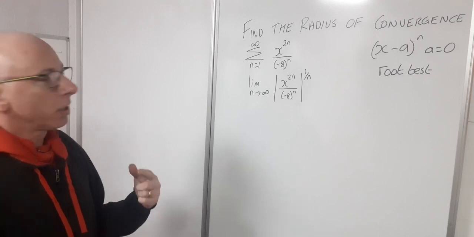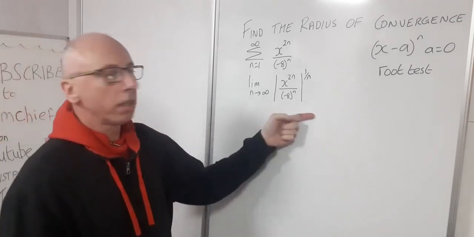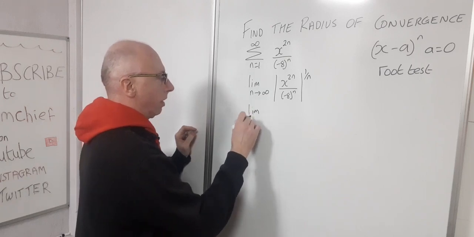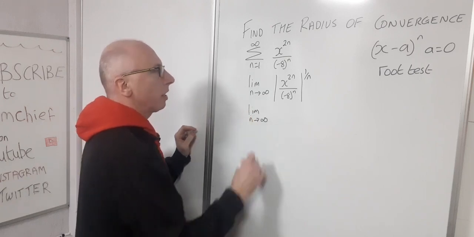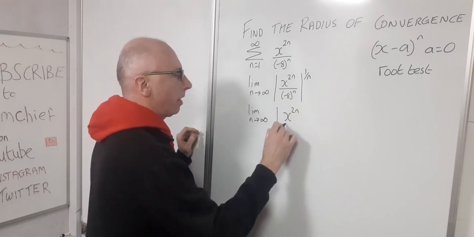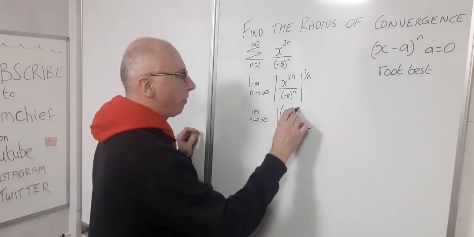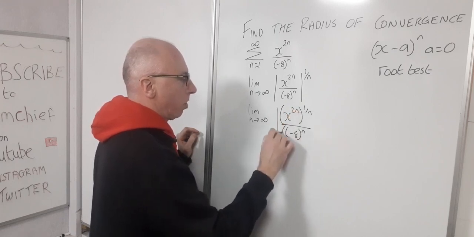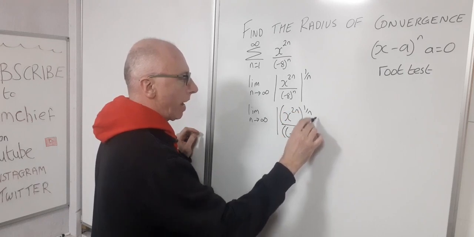Okay, so now we need to do the algebra on this. So now we've got the limit as n approaches infinity of the absolute value of x to the 2n raised to the power of 1 over n, and then we've got (-8) to the n, all raised to the power of 1 over n.